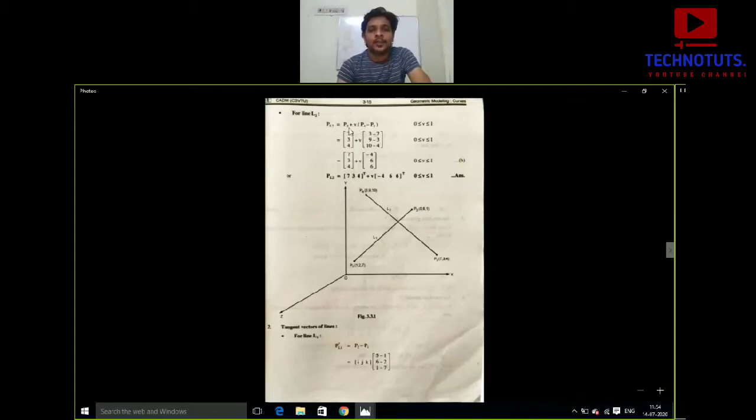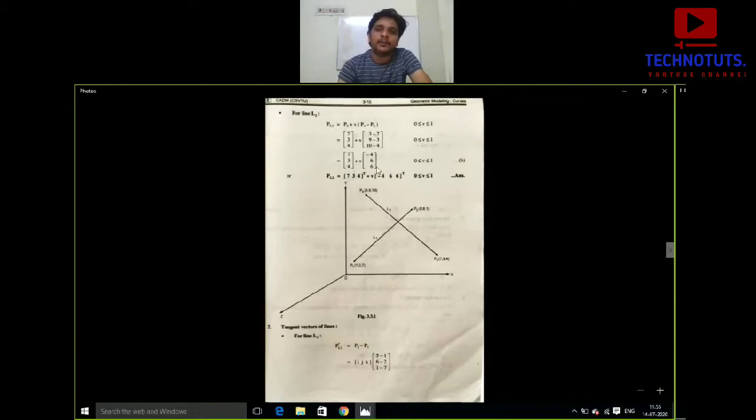Point P3 has coordinates (7, 3, 4), and point P4 has coordinates (3, 9, 10). So P4 minus P3 becomes 3 minus 7, 9 minus 3, and 10 minus 4. Similarly, as for line L1, the parametric equation for line L2 is the vertical matrix (7, 3, 4) plus V into the vertical matrix (minus 4, 6, 6).